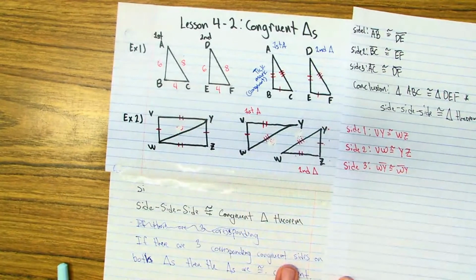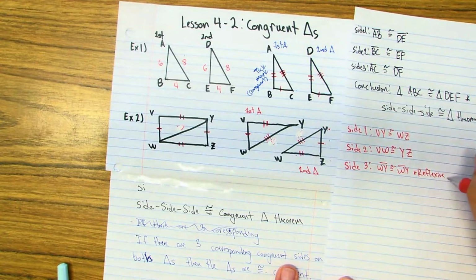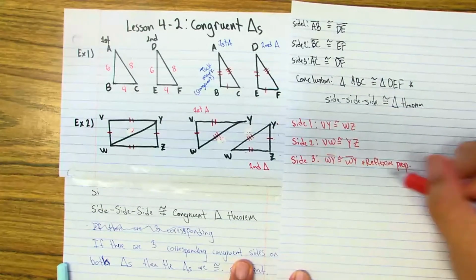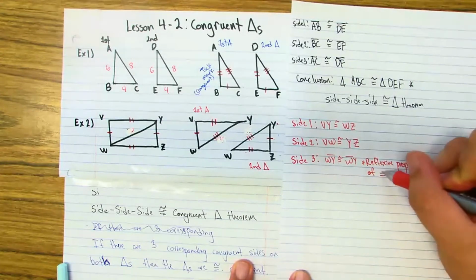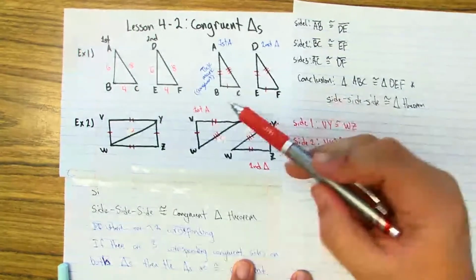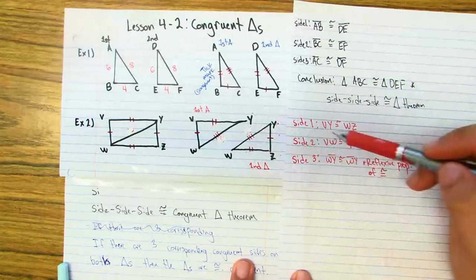The reasoning for this, we never covered it, but I'll cover it now, is the reflexive property of congruency.